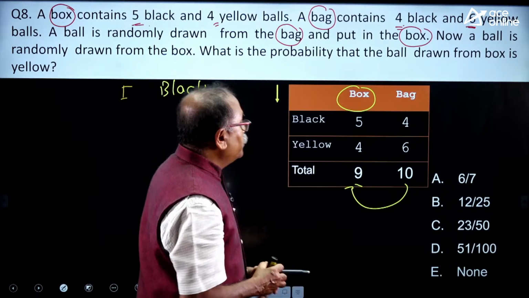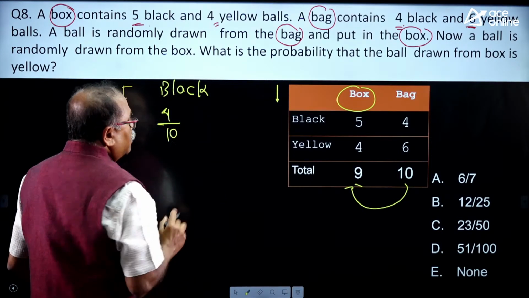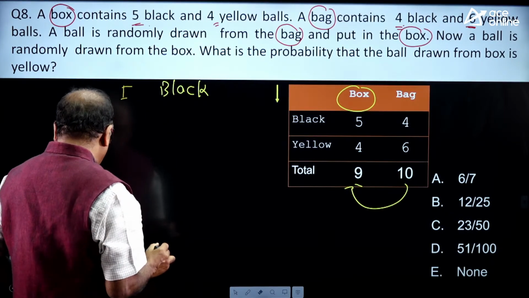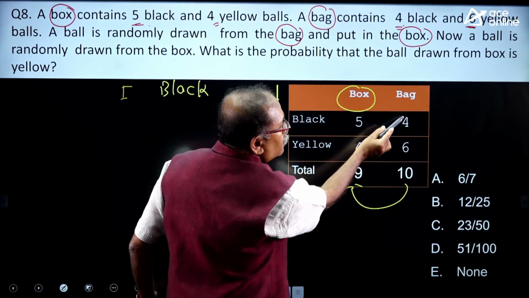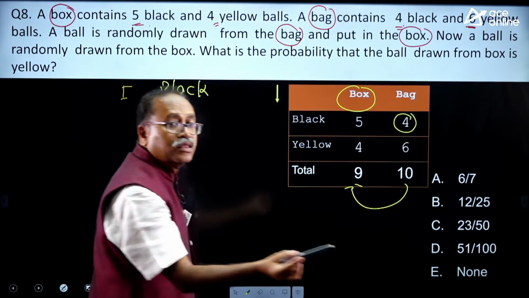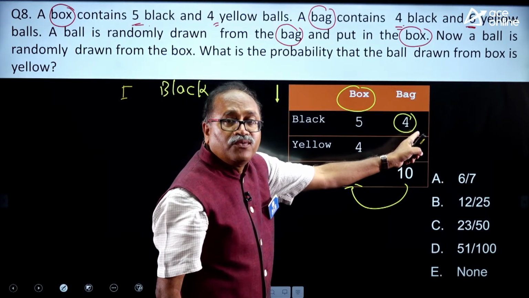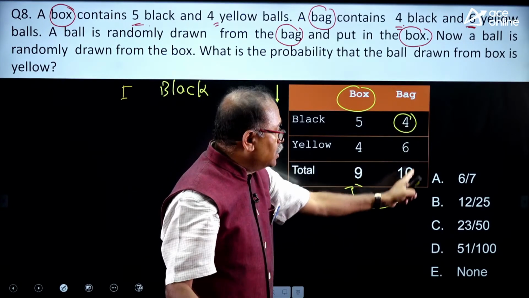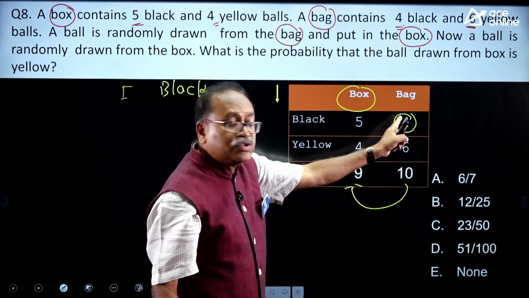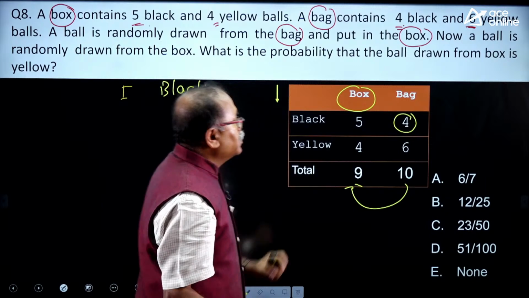So yellow probability is 4 by 10. Now before that, here you are taking out one ball from the bag, and that is black. How many ways can you choose? 4 ways, and the total we have is 10. So the probability is 4 favorable out of 10 total outcomes, so 4 by 10.